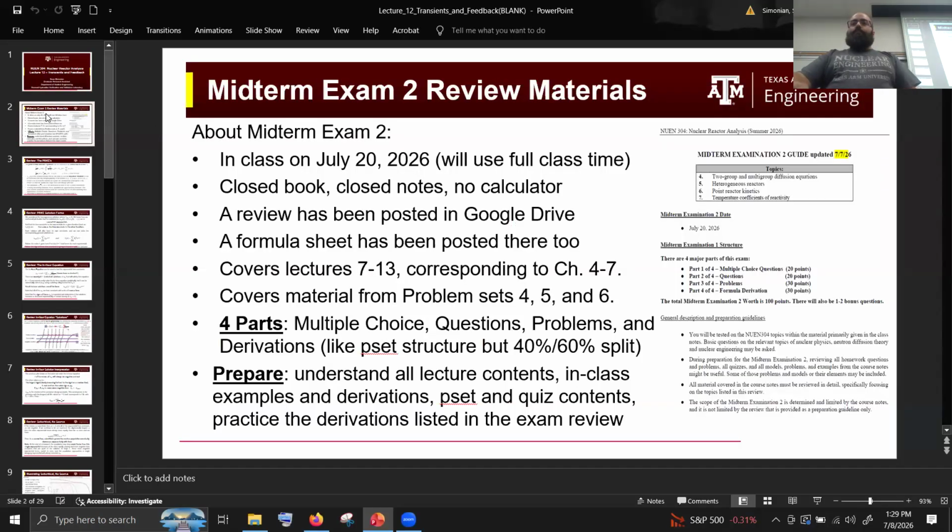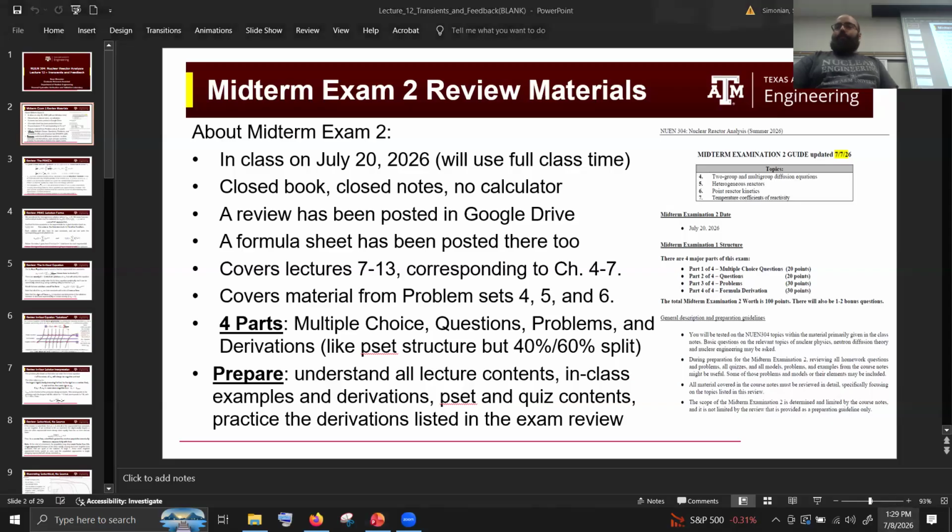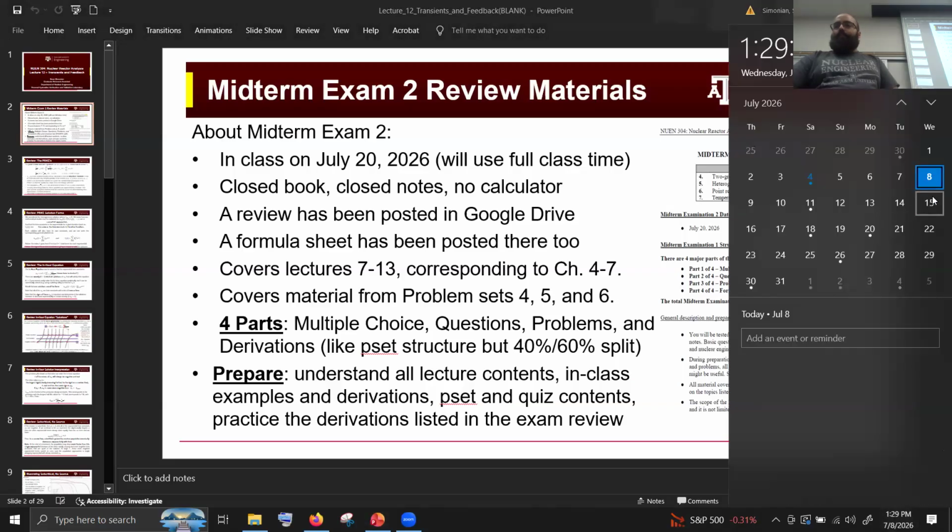Before we get into the actual content, I just wanted to remind us that midterm exam two is coming up. That's going to be in class on July 20th. That would mean in a week plus one class, so almost 2 weeks from now.